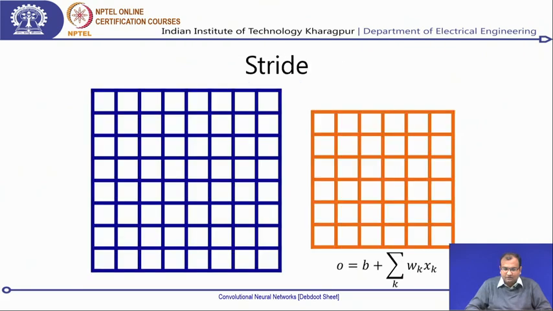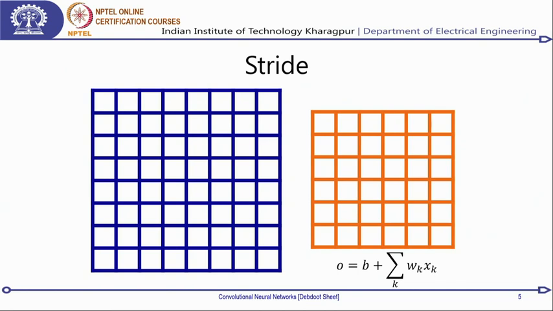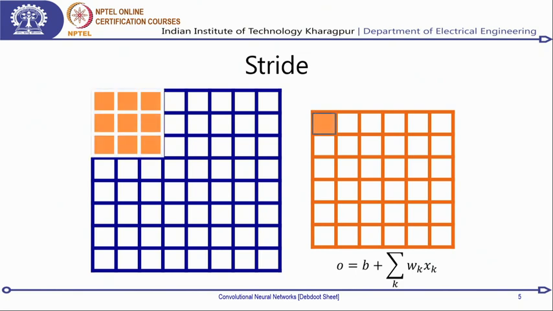Now from there we will enter into a much more complicated thing which is called a stride. Initially for my convolution, I have this 3 cross 3 kernel and I place it on my image.